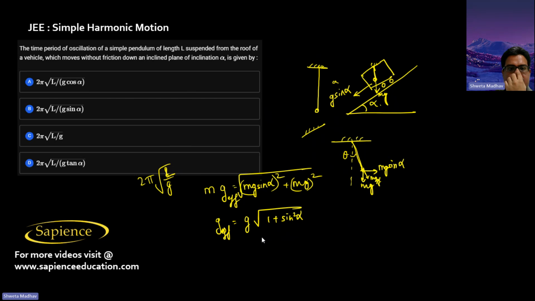Here with G effective, that is equal to... We have to use the value of G with respect to the frame.